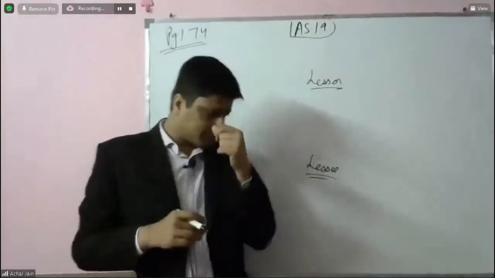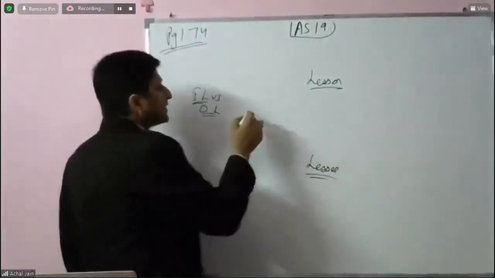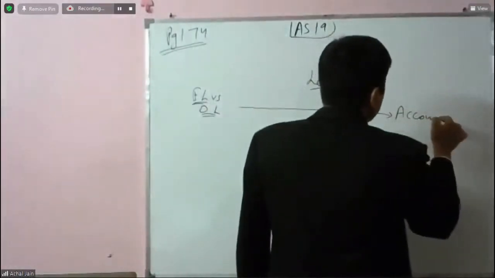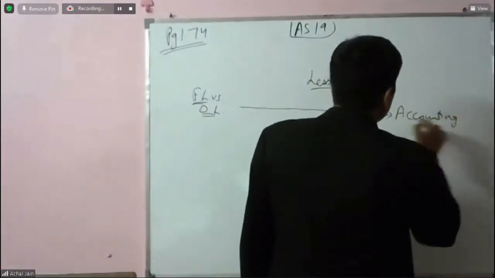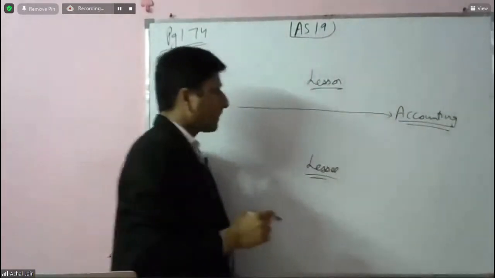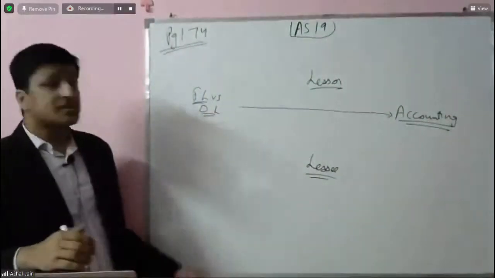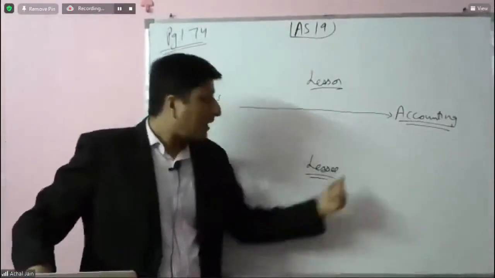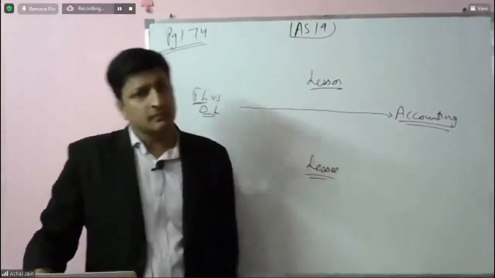Once you are done, the next step will be to get on to the accounting requirements. Accounting requirements means how will the lessor record this? How will the lessee record this?